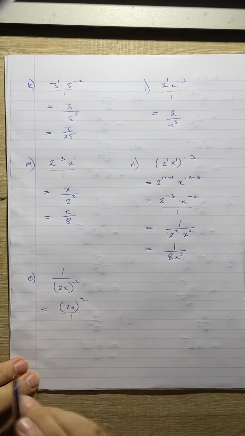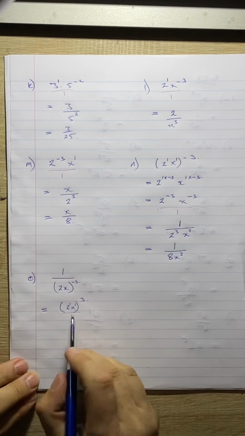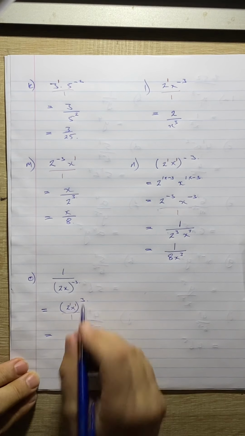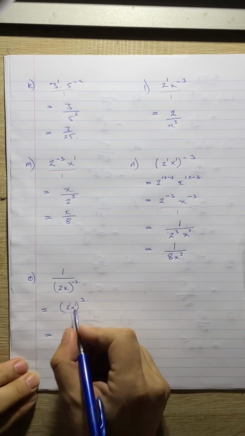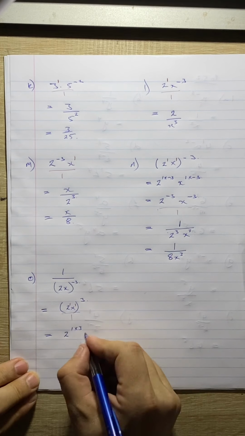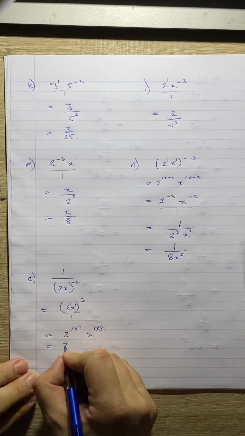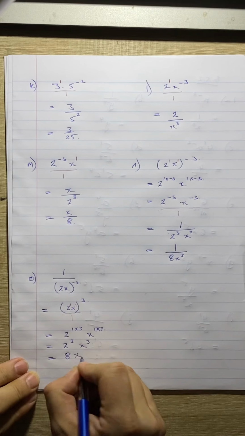Now what I can do is put my secret 1s there. Something to the power of something raised to another power, we multiply the exponents. Likewise with here. So this gives us 2 to the 3x cubed, which is equal to 8x cubed.